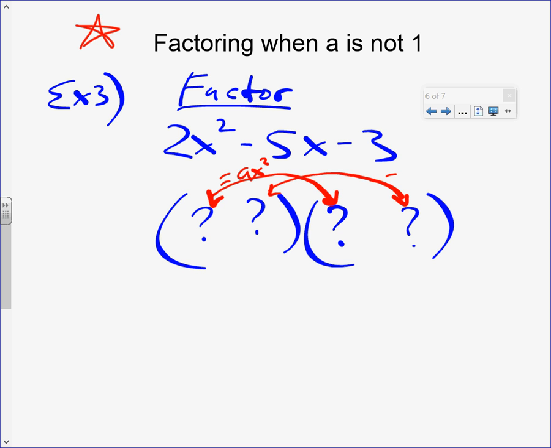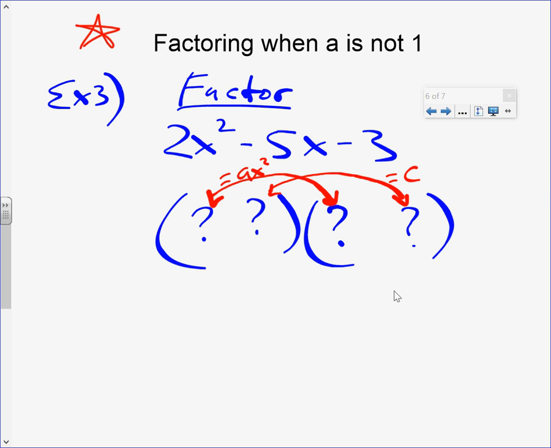These always have to become C. That's easy. So whatever goes here has to multiply to become negative 3. That's simple enough. The last part, my Math 2 students will recognize. How are we going to get the negative 5x?